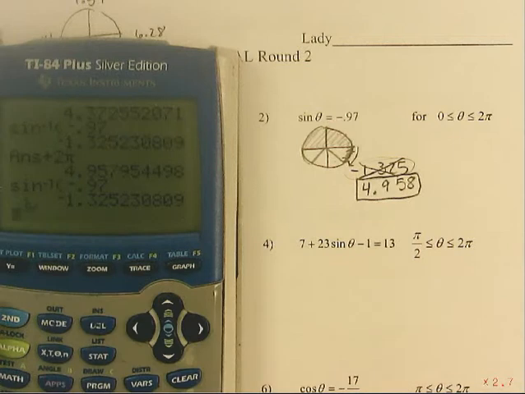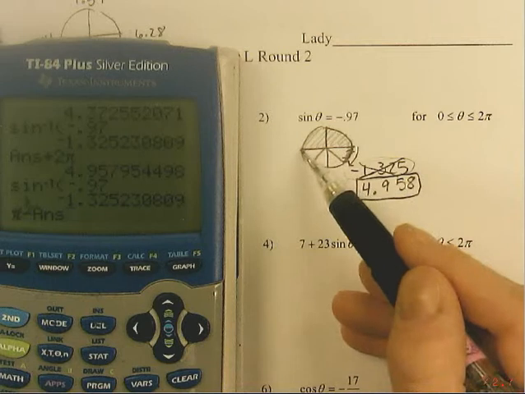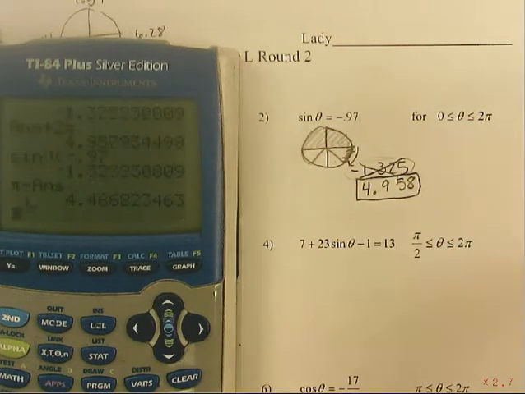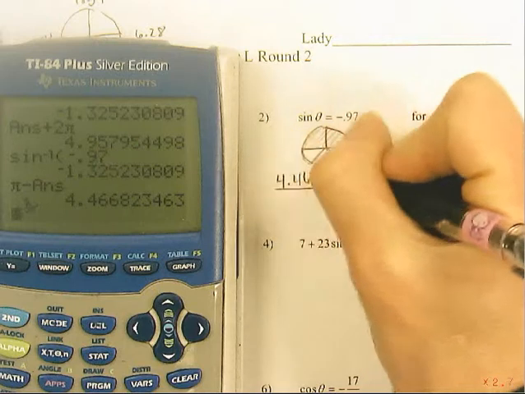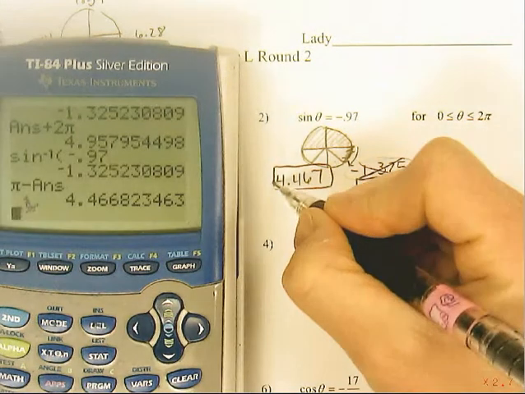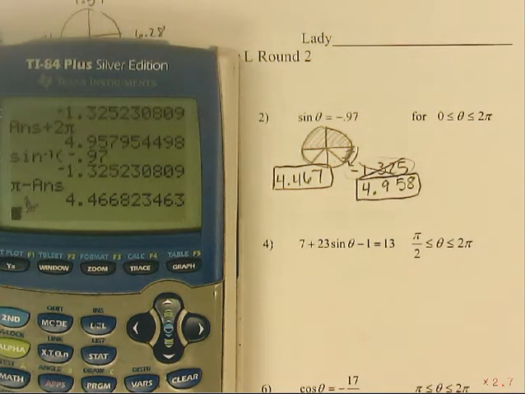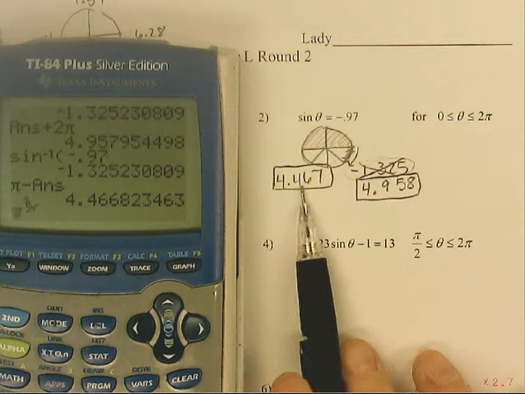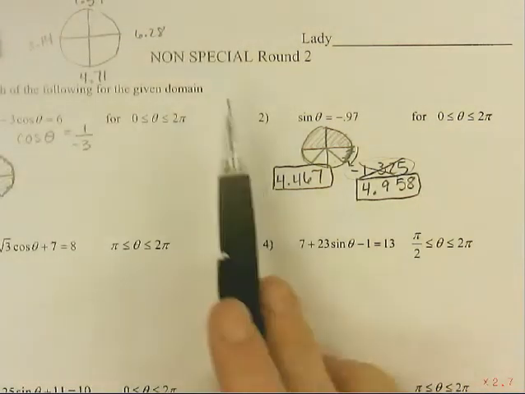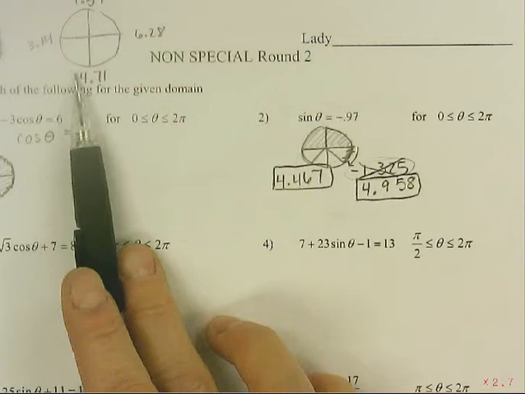We're going to take pi minus that value, which is actually adding it because we're going that amount past pi, which will be 4.467. And that's where it's really valuable to double check, because a lot of people will subtract the positive value or add it incorrectly. So making sure that you are where you should be with what you wrote down on your paper, which makes sense.